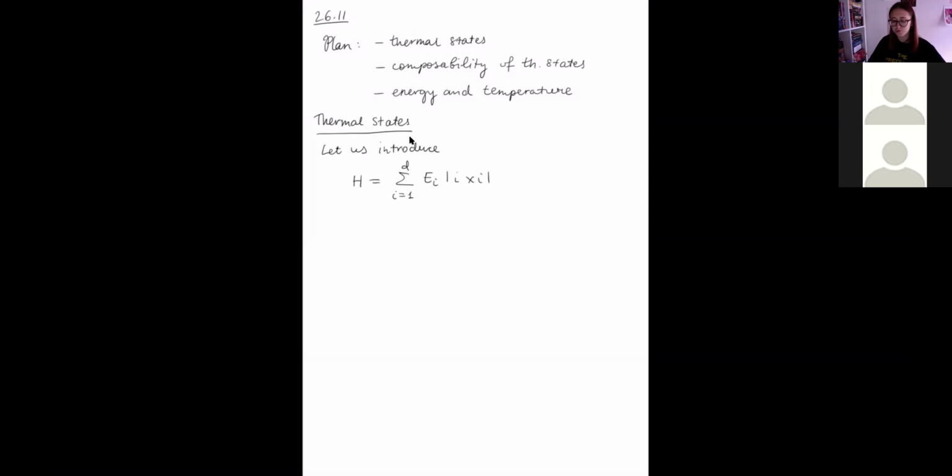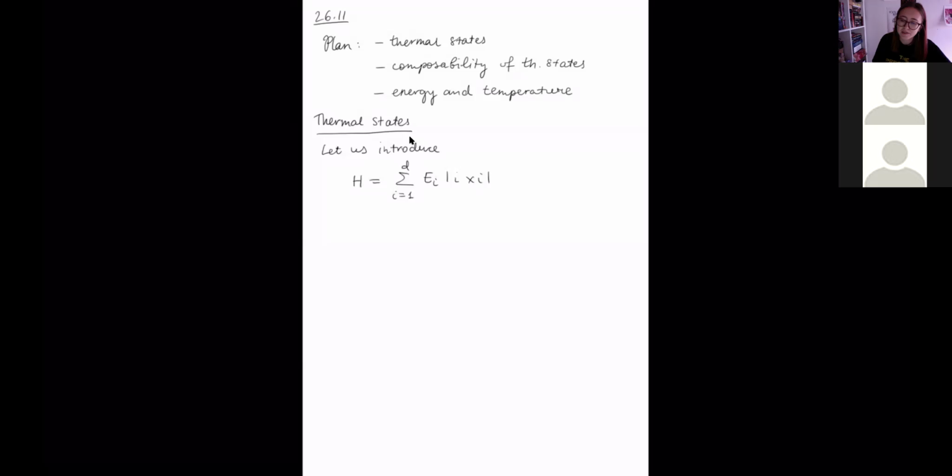To which physical situation does this Hamiltonian correspond? As we've seen in the last exercise sheet with the system and the battery, we can portray the physical situation as one where the system under consideration has these d energy levels.